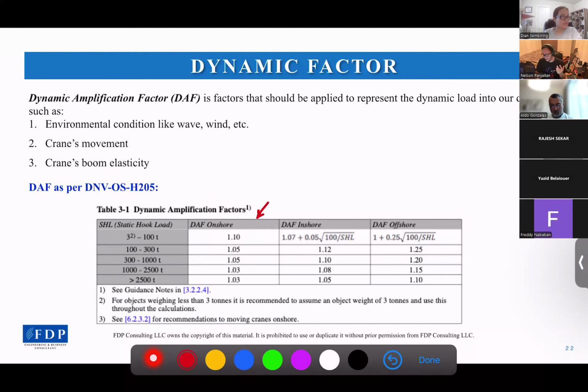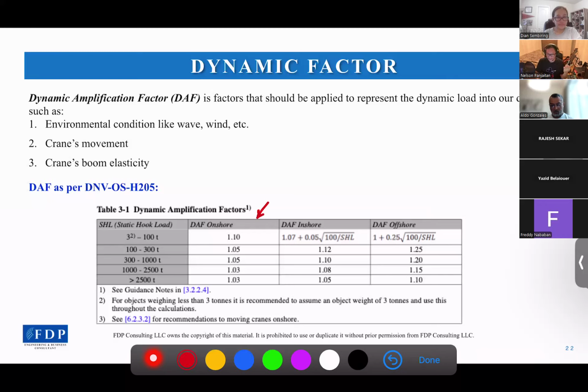Now, what is the difference between inshore and offshore? Inshore is a location where it is protected. It is designed to be protected from the wave. For example, it is like a port location or harbor location. There is some structure to protect the wave from coming to the port, right?